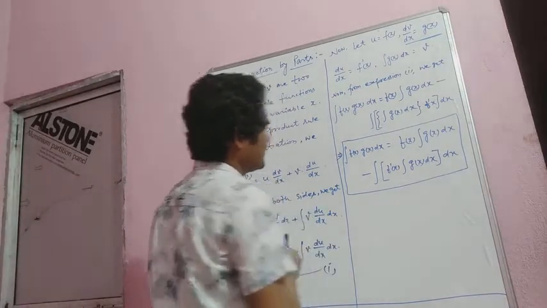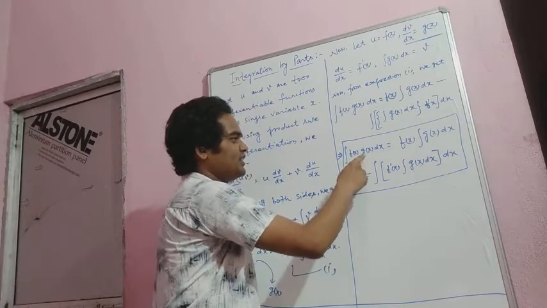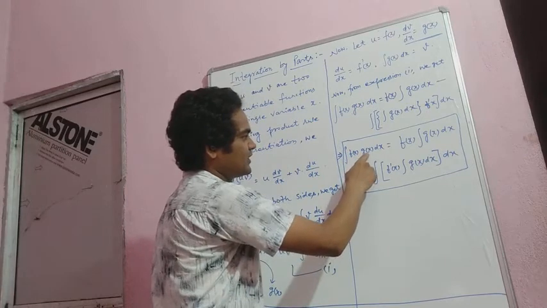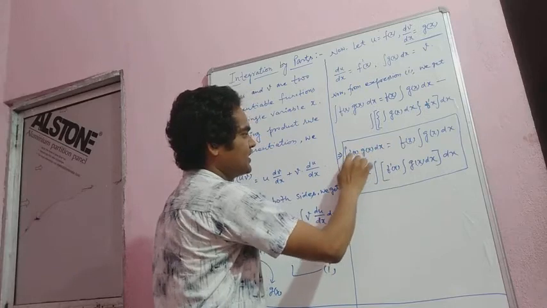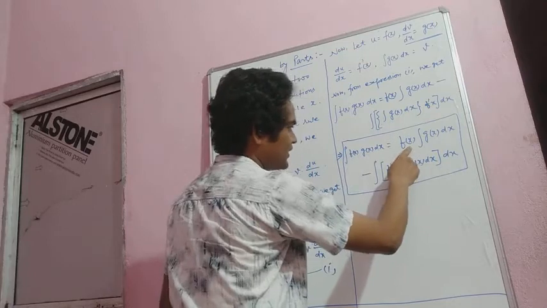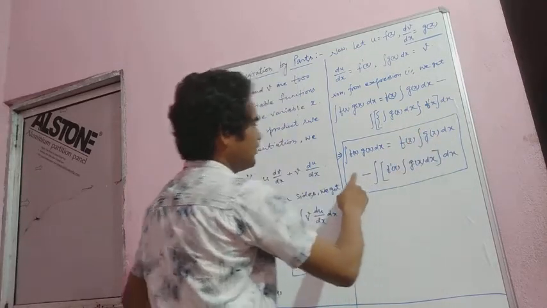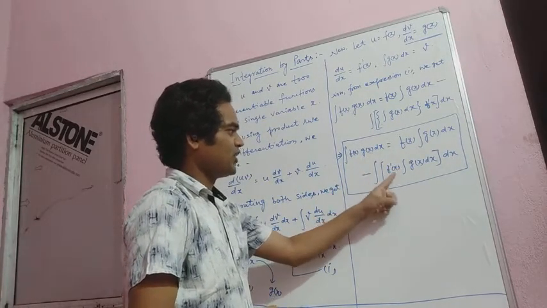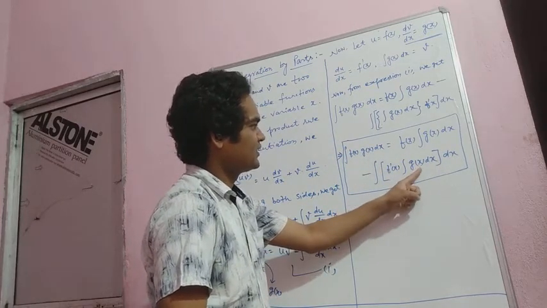So here, students, if we assume f(x) as the first function and g(x) as the second function, then we can write the integral of f(x) g(x) dx is equal to the first function into the integral of the second function, minus the integral of the differential coefficient of the first function into the integral of the second function.